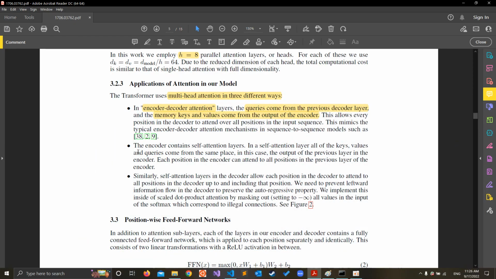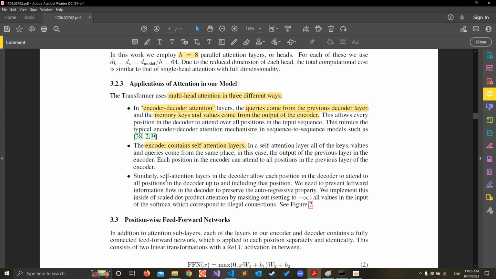The next way they use multi-head attention is this. The encoder contains self-attention layers. In a self-attention layer, all of the keys, values, and queries come from the same place, in this case the output of the previous layer in the encoder. Each position in the encoder can attend to all positions in the previous layer of the encoder.